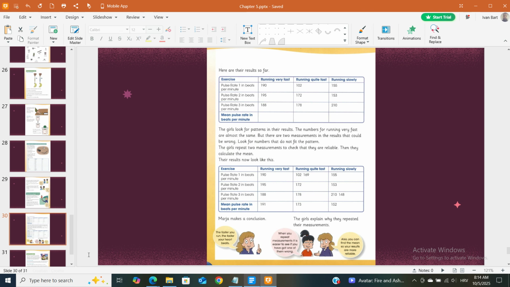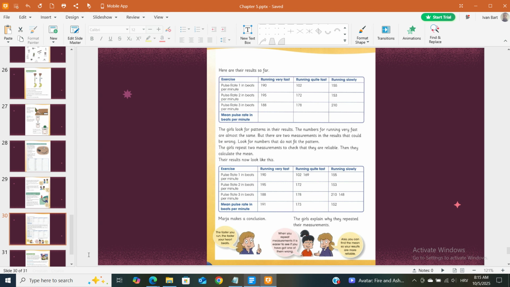Pulse rate 3: 188, 178, 210, 148. Mean pulse rate: 191, 173, 152 beats per minute.